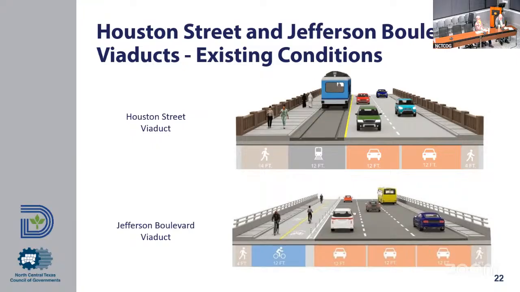I must admit, if you don't know where you are and you pass the Eddie Bernice Johnson Union Station and you're drifting a little too far out of downtown, you end up going to Oak Cliff when you had no intention to do so. So I've always thought this to be an awkward movement. And then on the Jefferson Boulevard side: a 4-foot sidewalk, a 12-foot bike lane, three 12-foot lanes, and a 4-foot sidewalk.